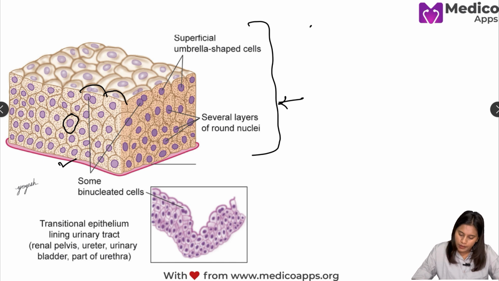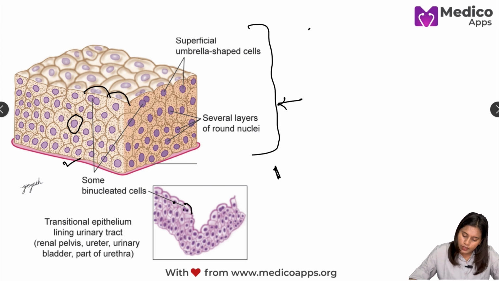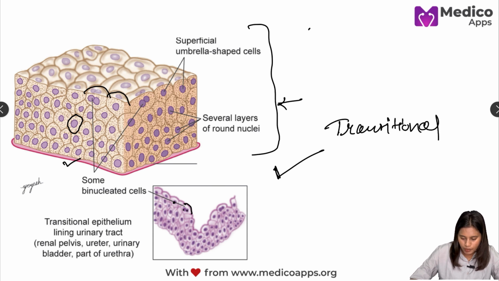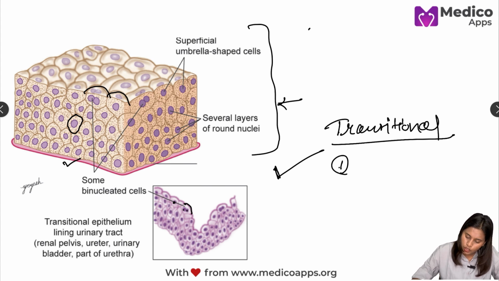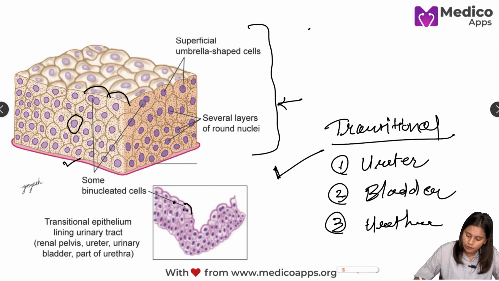In the upper layer, some of the cells are binucleated and some are uninucleated. So of course, this is a transitional epithelium, no doubt. Transitional epithelium is present in the ureter, the bladder, the upper part of the urethra, and the pelvis of the kidney.